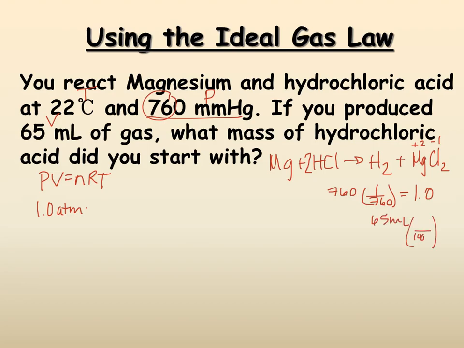Divide by 1,000, multiply by 1 liter, and that gets you a 0.065 liters, and that's going to be equal to moles that we don't know times 0.0821 liter atmospheres per mole Kelvin, times 22 degrees Celsius plus 273 is going to make 295 Kelvin.